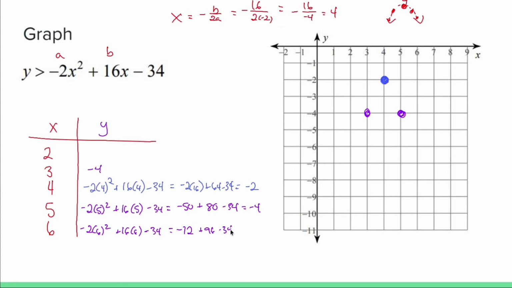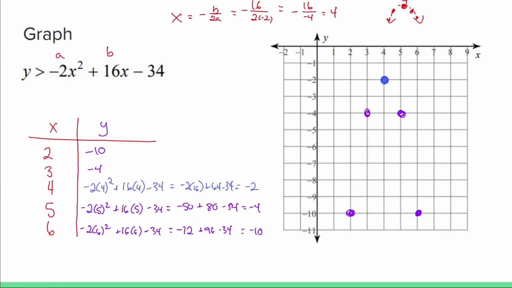Then you have minus 34. 96 minus 72 is 24. I don't know what I was thinking. And 24 minus 34 is negative 10. So since 6 is negative 10, that would mean 2 is also negative 10, and I've run out of space.